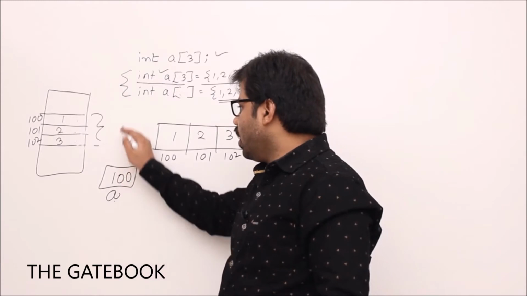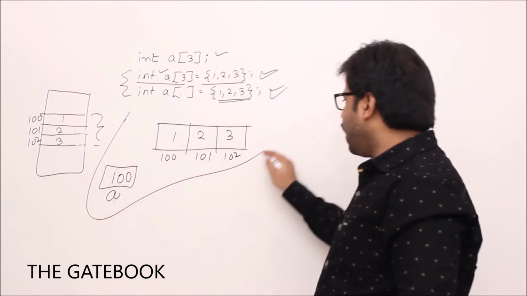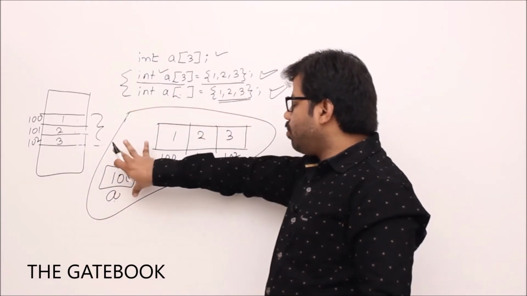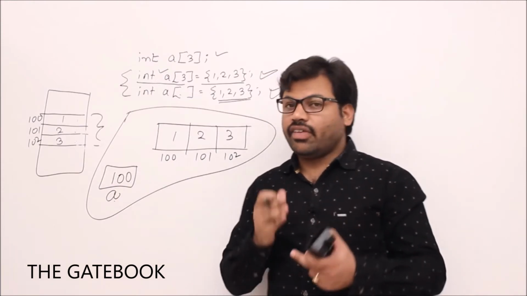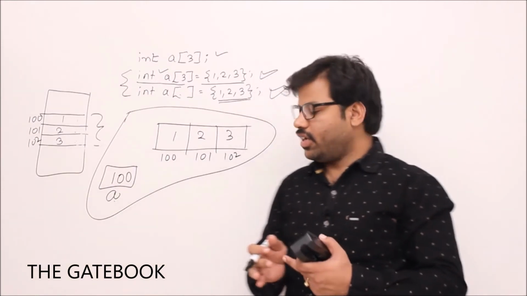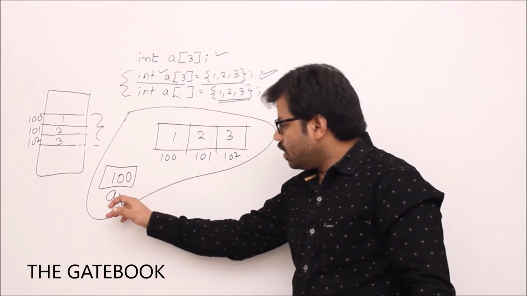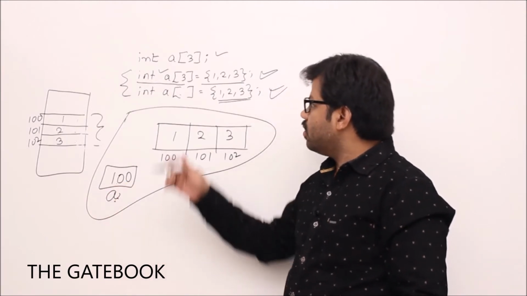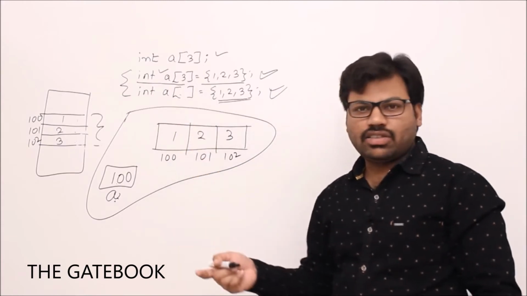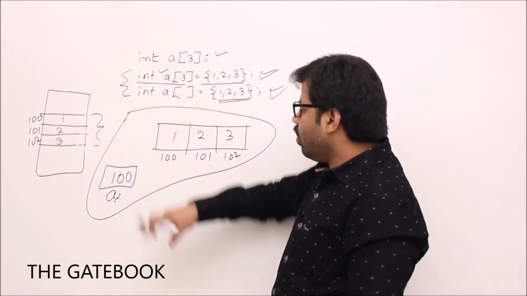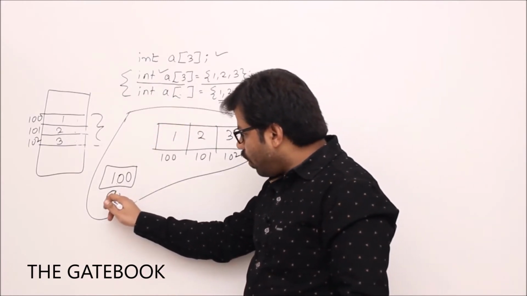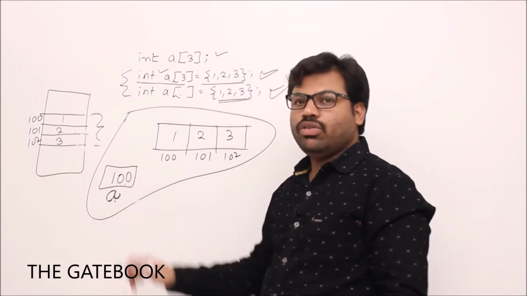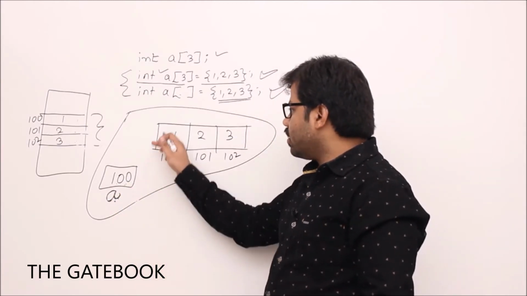From now onwards, whenever there is an array, better you interpret it like this. If you conceptually interpret your array like this, then definitely you get an advantage. So this is now a pointer. a is a pointer, but you declared a as an array, right? That is also correct. So a is an array, but there will be one more pointer given to you, which is nothing but the starting address of this array.